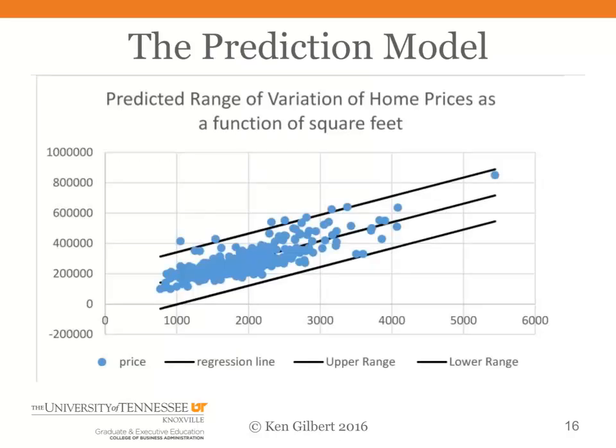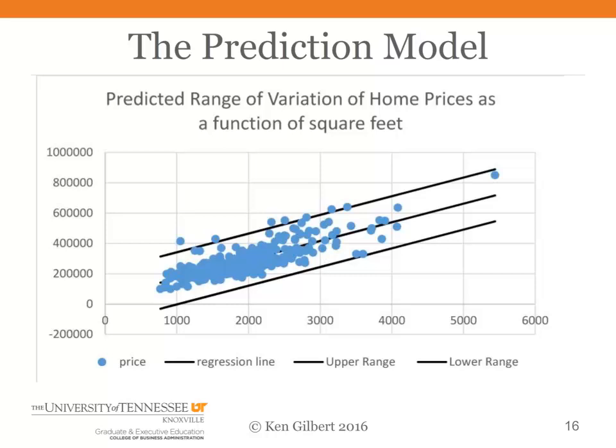And here is a picture of what we have just derived, showing the regression line, and then above that it shows the upper range of variation, and below that the lower range of variation. You can notice that out of 362 observations, there's half a dozen or so that fall outside the predicted range of variation.